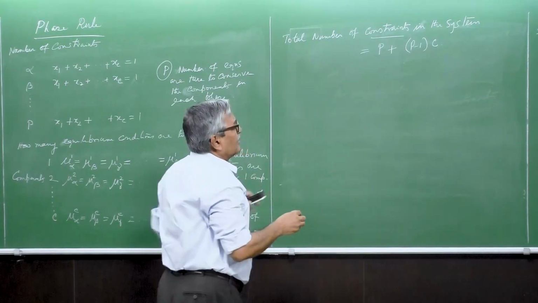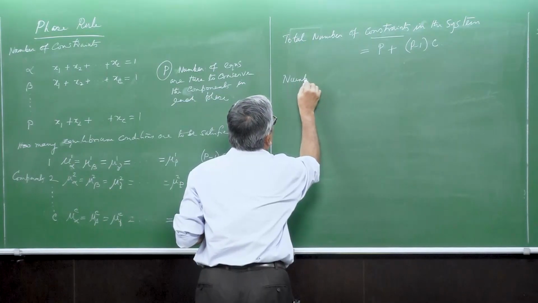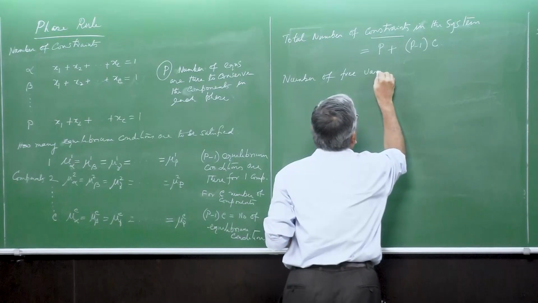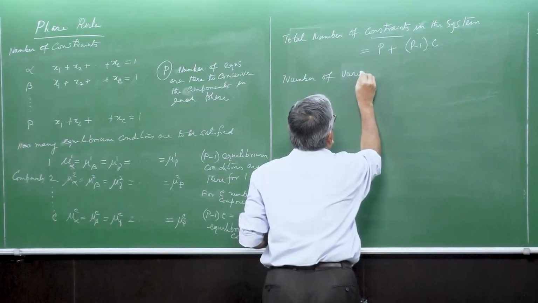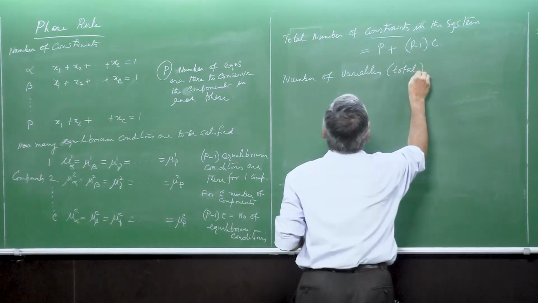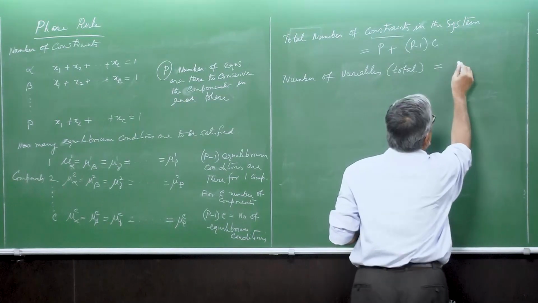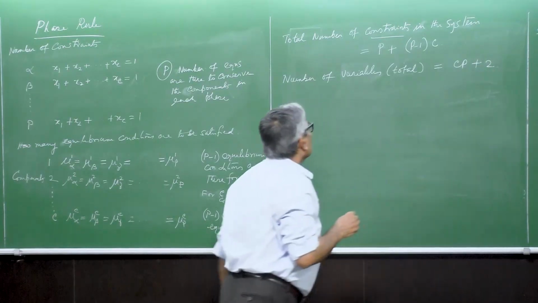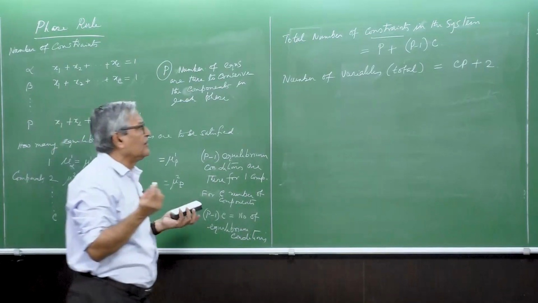And how many is the number of free variables? So the total number of variables is equal to CP plus 2. So I know how to calculate the number of degrees of freedom for manipulating my equilibrium condition.